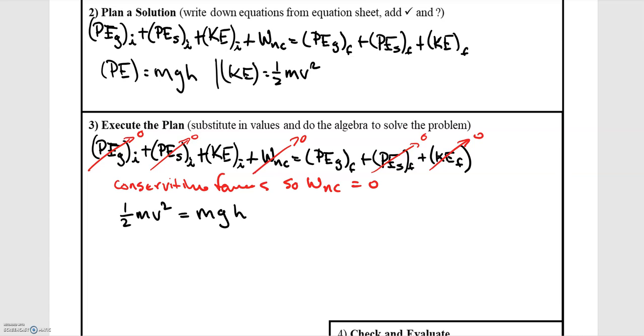We have mass on both sides, so those cancel. We're looking for height, so we want to separate h by itself. We divide by g, and we get h is equal to v squared over 2g.